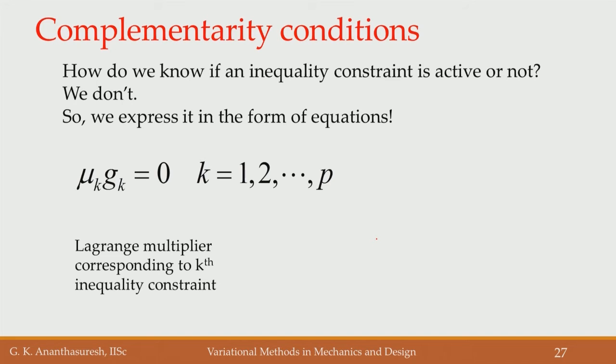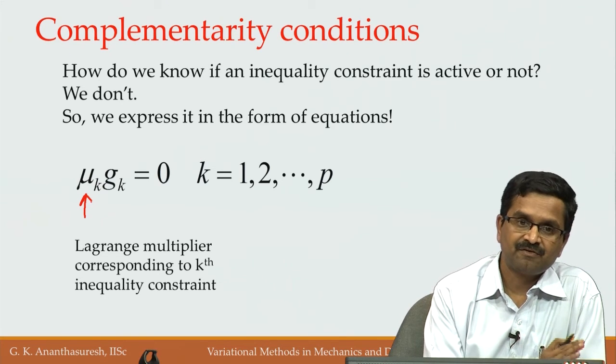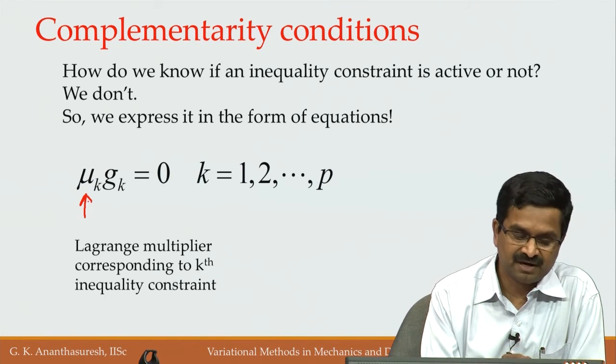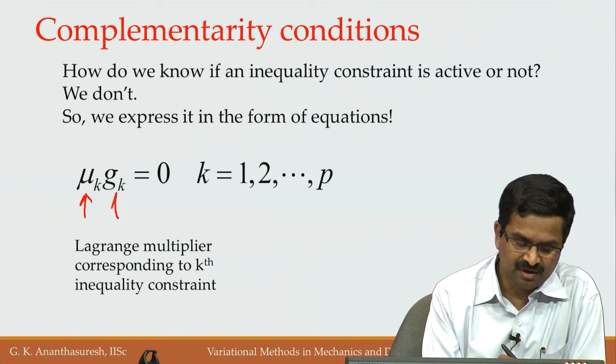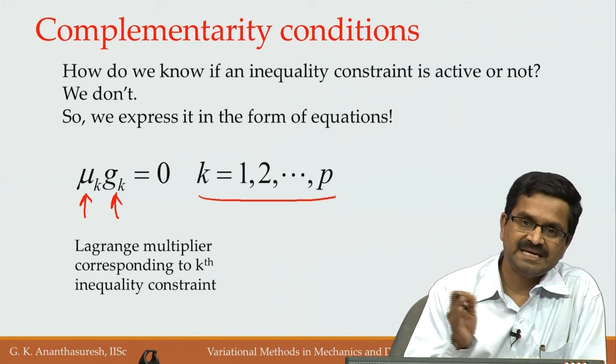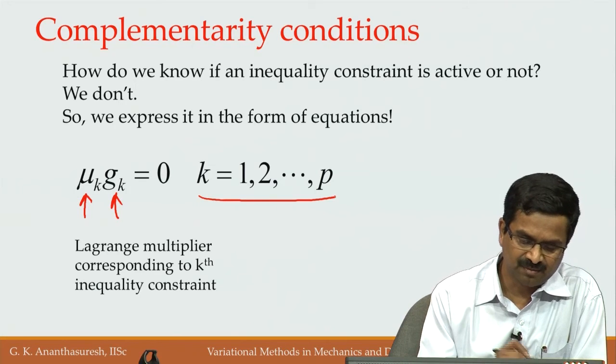Now, in this case we can write what are called complementarity conditions by writing some variable mu, like the lambdas we had for the equality constraints. We can have Lagrange multipliers for inequalities denoted by mu k, corresponding to k equal to 1 to p. We have p inequality constraints, we write them like this.